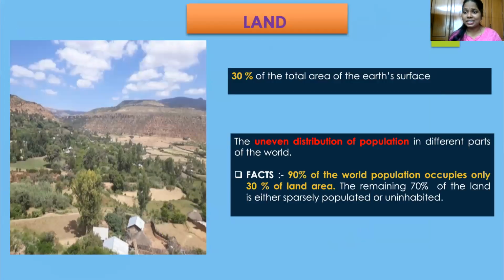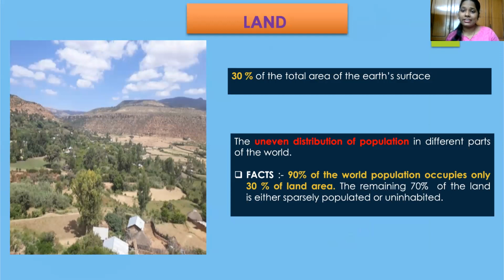So the land is the solid part, covering part of the total earth surface. We have only 30% as land area and the rest is water. In this 30%, all the land is not favorable for human habitation.